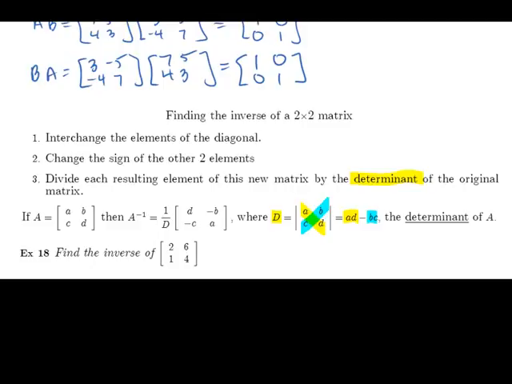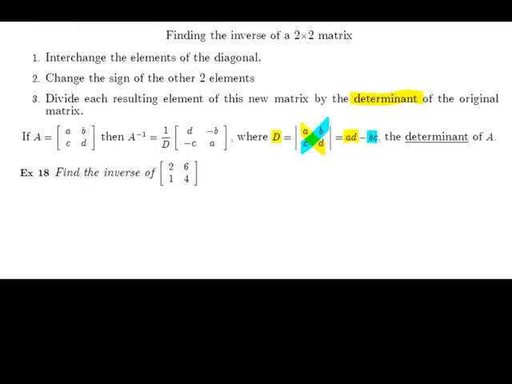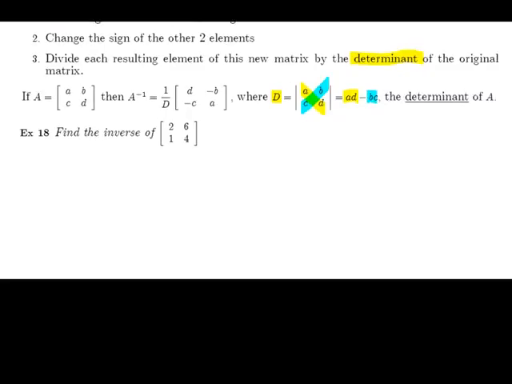So what the resulting matrix is, if we have A, the resulting inverse is going to be 1 over that determinant. Again, you're going to switch A and D, and you're going to change the signs on B and C. So take a second, make sure that everything looks fine there. So if we were to find the inverse here, again, first things first, let's find that determinant.